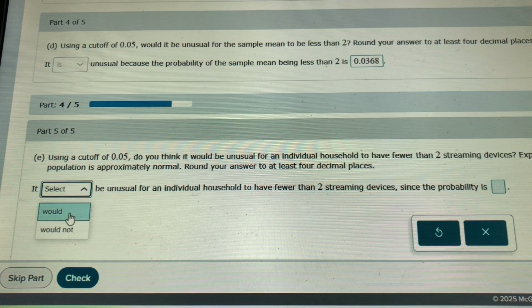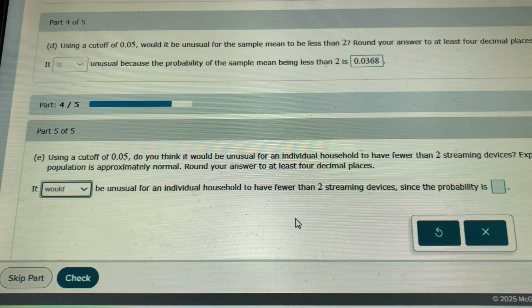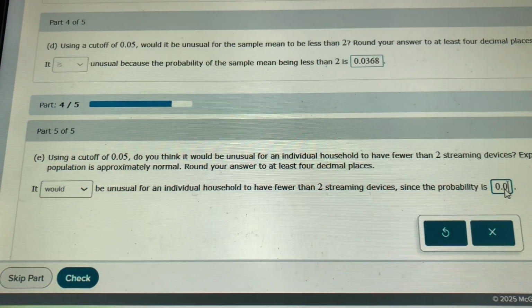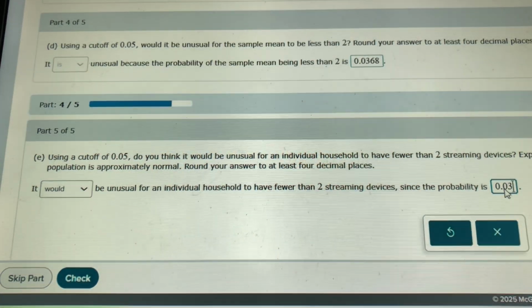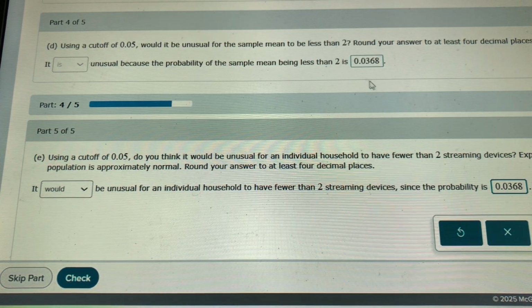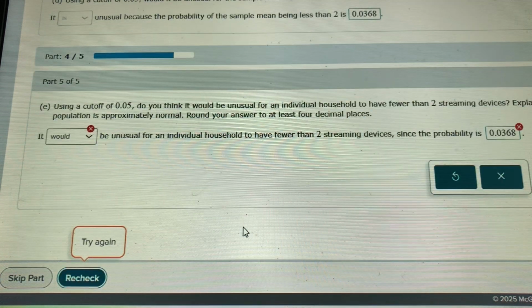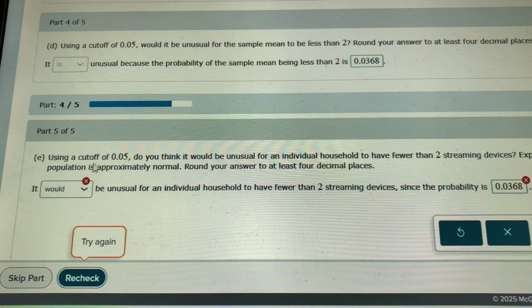Maybe it's like where the random generating of each part, that these don't have to be the same, but just the version I got, they were the same, because I don't see the difference here. So I'm just retyping what I had on part 4. I don't know why. No, okay, there is something different about it. Would it be unusual to sample mean less than 2? Oh, an individual. Oh, yeah, that's what's different. See how it says for an individual.